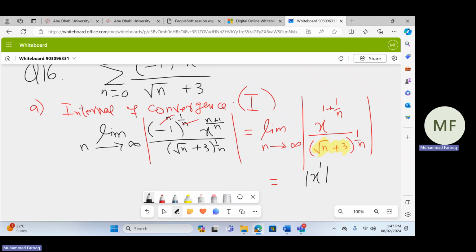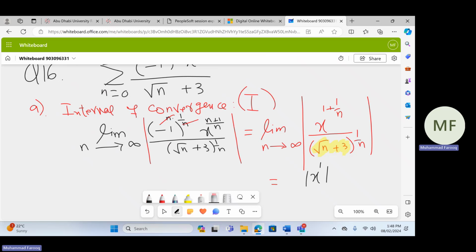Clear? Understand? Isn't it root n to the power 1 over n? No, this is a complete denominator, and the denominator has addition, so you cannot put the power 1 by n on each term separately. If it's a product, then yes, you can distribute.